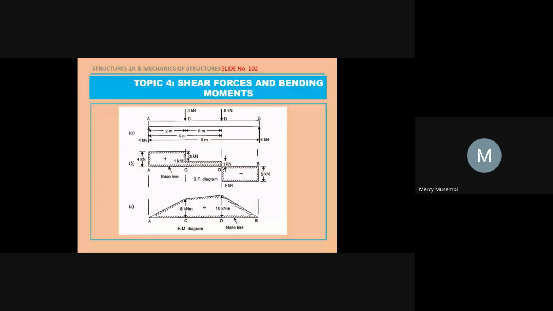And then the bending moment at B will be 0. And this is how it looks: 8, 10, and it goes back to 0. This is rectangular, and then this is going triangular. And here you have your beam diagram, shear force diagram, and bending moment diagram.